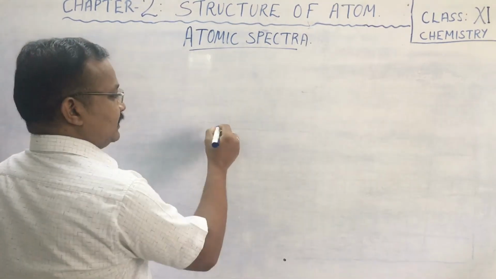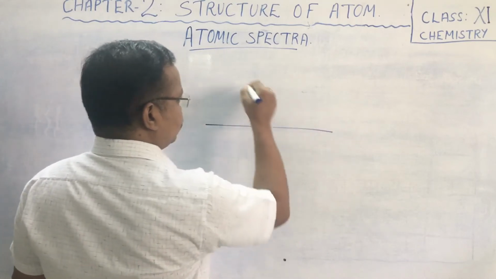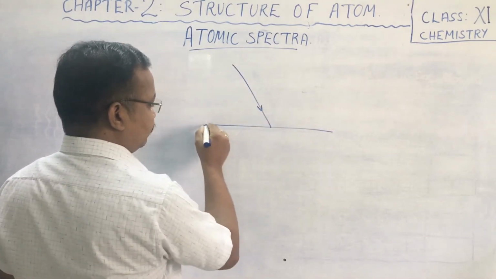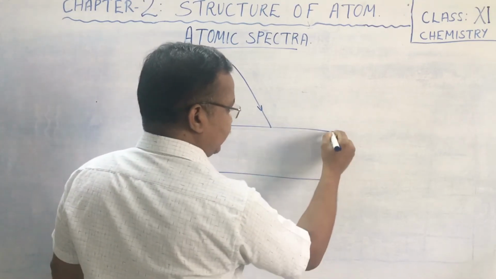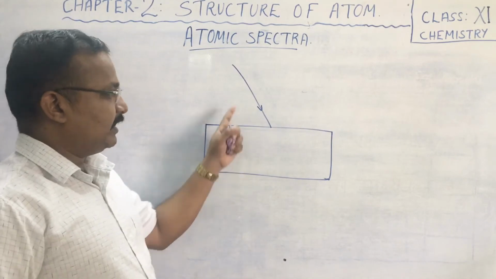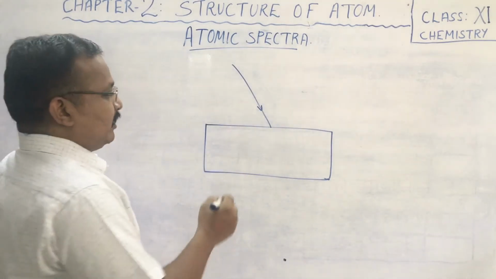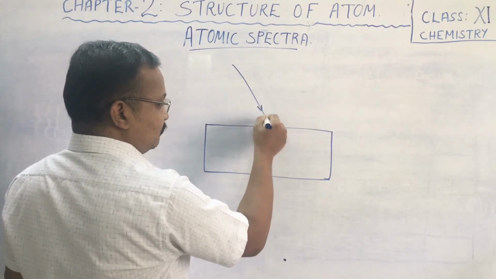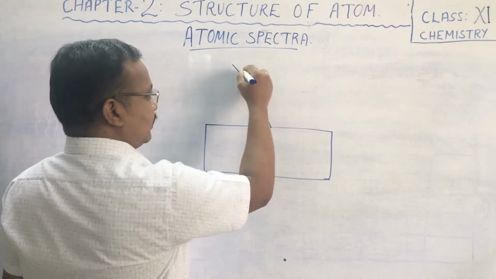Correct? When light falls into a particular medium, you have studied the experiment of light passing through a glass slab. Suppose this is glass, another medium, and air is another medium. Now, as you have seen, when light falls, this is a ray of light.